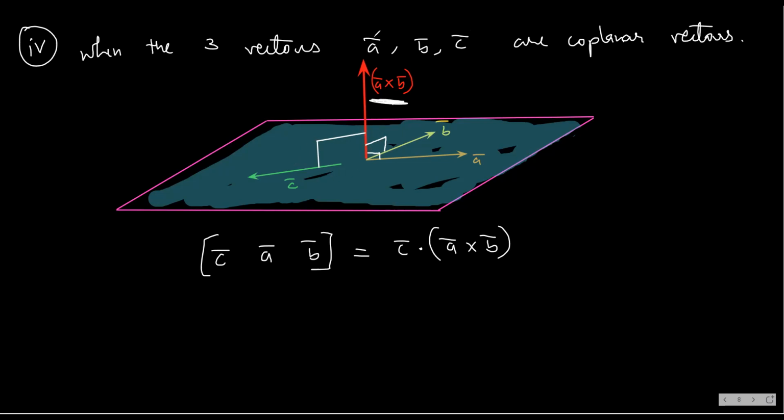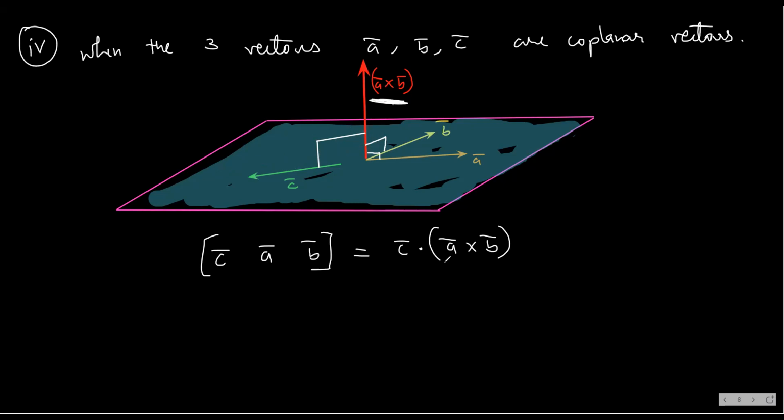What is the direction of c bar? The direction of c bar is this way, along the plane, in the plane, whereas the direction of a bar cross b bar is perpendicular to the plane. You see this? These two directions are perpendicular to each other.